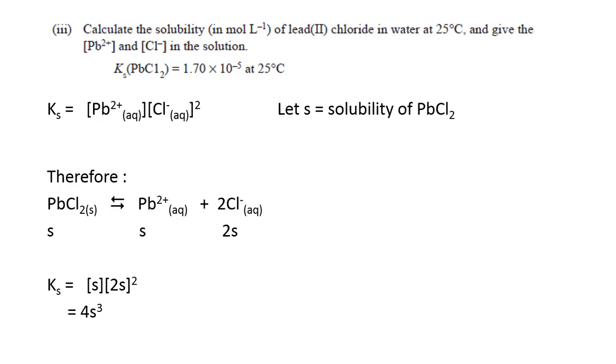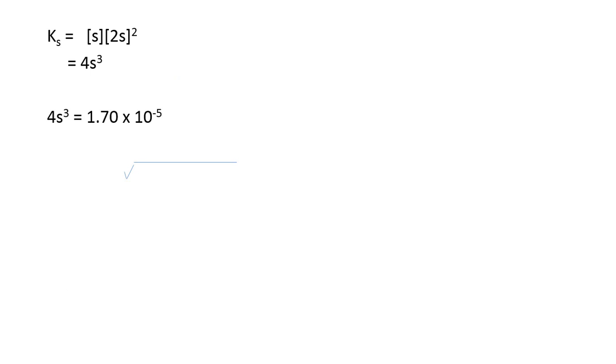So now I can do some maths, and I can see that Ks is 1.70 times 10 to the negative 5, so 4S cubed equals that, and then if I rearrange that and solve it, I've worked out my lead chloride solubility, which is 0.0162 moles per litre.